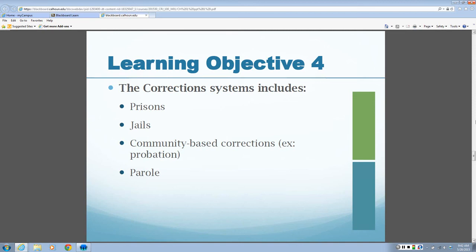And then finally, the other component of corrections is parole, and that is somebody that goes to prison and then they are allowed to be released from prison before the end of their sentence because they've had good behavior or they've met certain requirements. There's a lot of parolees out there, and basically they're still property of the Department of Correction, and their houses can be searched without a warrant at any time.